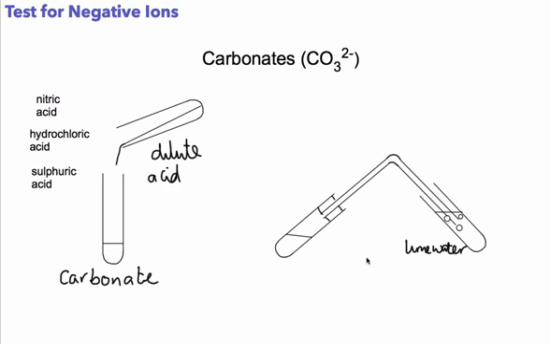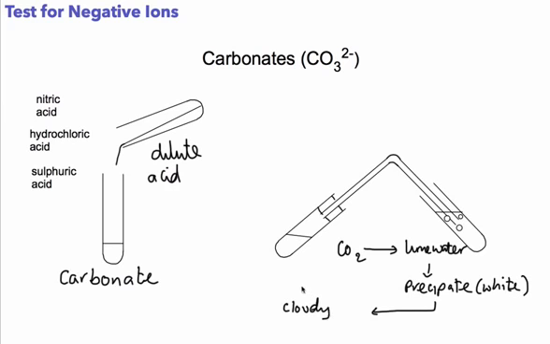If we add CO2 to the lime water, which is produced by our dilute acid and carbonate test, that actually turns the lime water cloudy. It makes a precipitate, and you may remember this from previous units, but it makes a white precipitate and it makes the lime water cloudy. So this is the actual test for carbon dioxide.